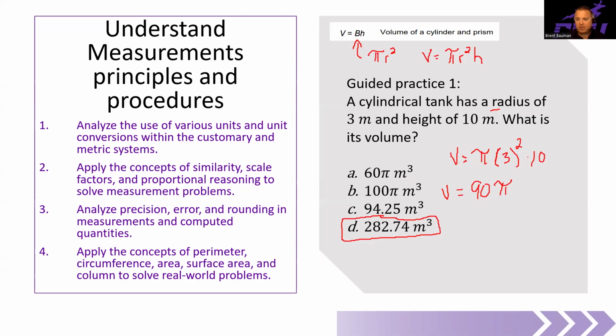Another thing I would say to be careful with is units. These are meters, so you get your meter squared times your meter, which gives you the cube. So just be careful if for some reason they have the same answers with different units.